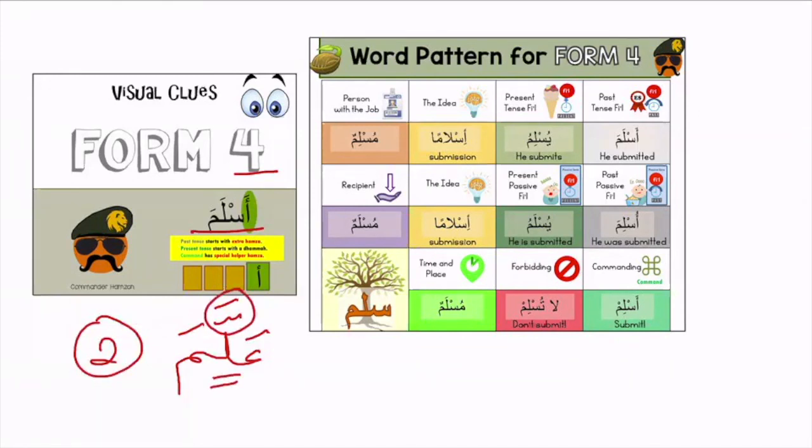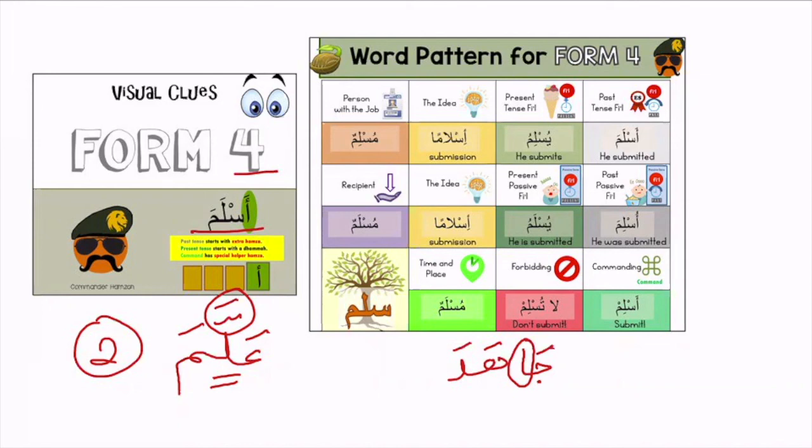Now if I ask you what is the marker for family 3? We memorize jahada. What is the marker? That we have an extra alif over here. I can call this alif because you see that there is no haraka on this alif. So that means this is alif.